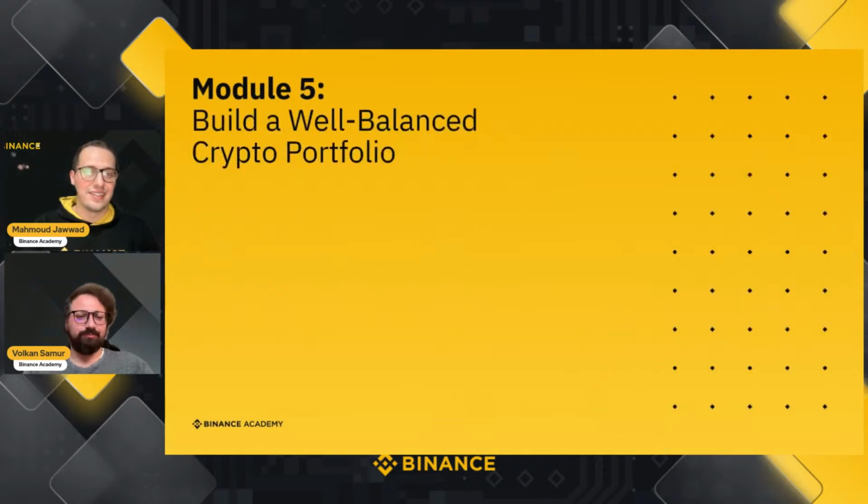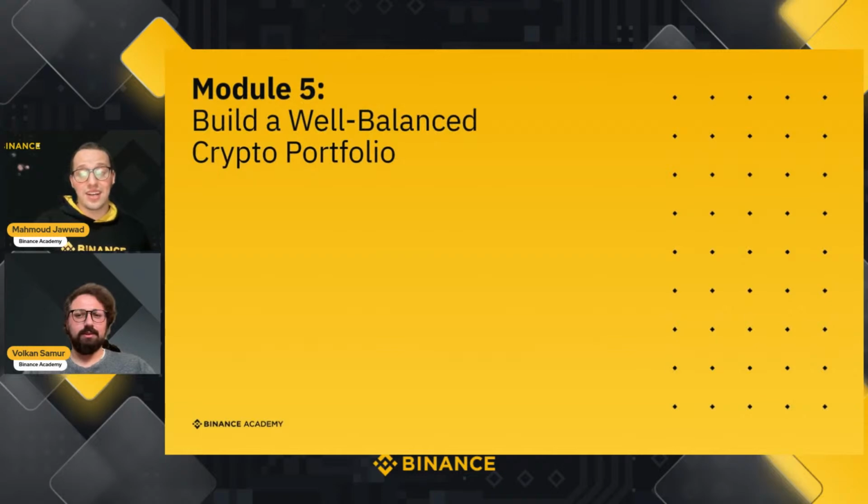Right. So build a well-balanced crypto portfolio. So we will explain how to build a well-balanced crypto portfolio. I mean, asset allocation, diversification, they are important in this process. And there are some general principles that you need to know when constructing your crypto portfolio.